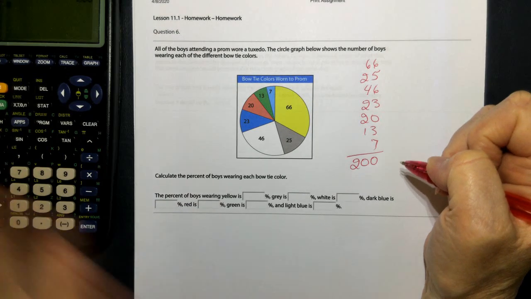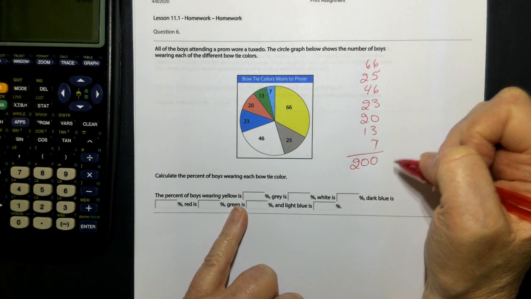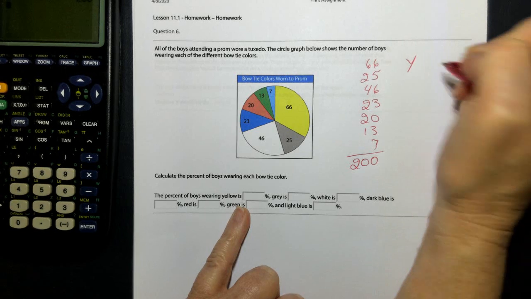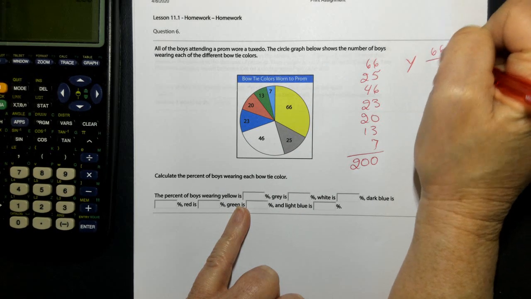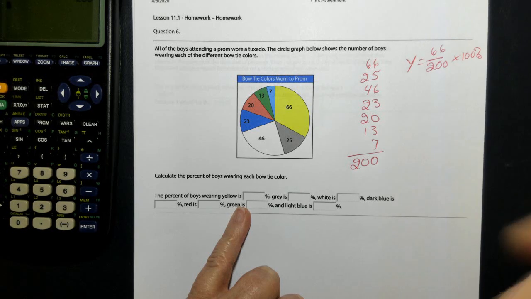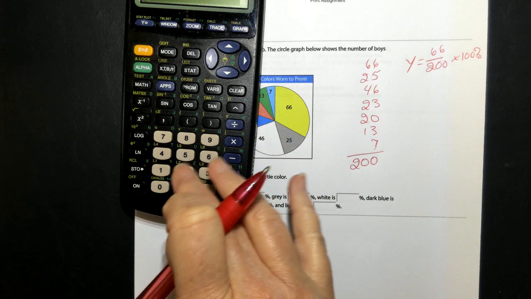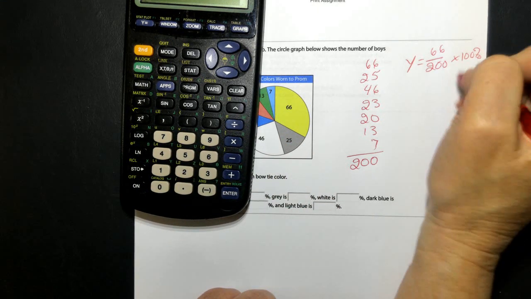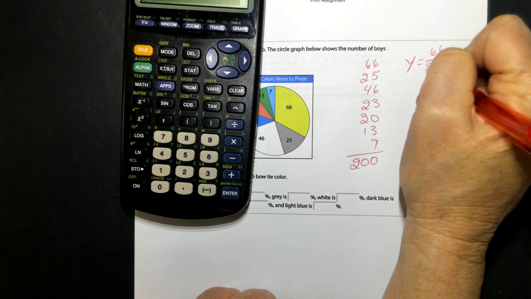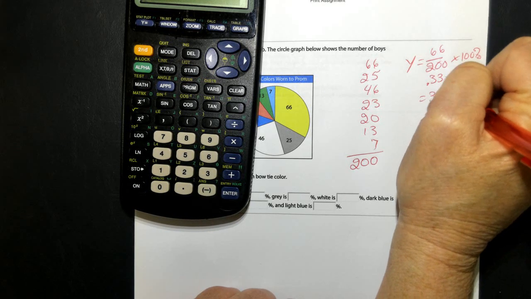Okay, so we now know that there's a total of 200. So what's the percent of yellow? Yellow will be 66 over 200 times 100%. So 66 divided by 200, and we get 0.33. 0.33 times 100 equals 33%.